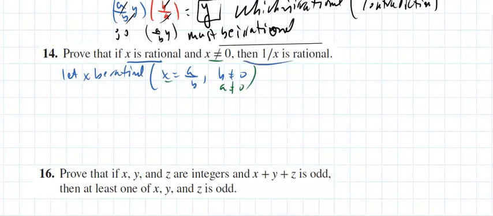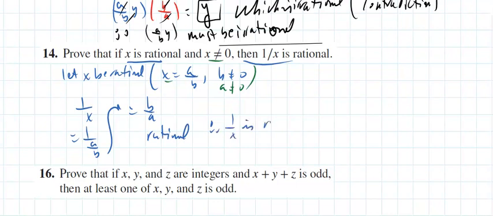Then 1 over x, by definition, wouldn't this be 1 over a over b? Wouldn't that be b over a? Well, isn't that rational? Therefore, 1 over x is rational. Remember, a cannot equal 0 from the beginning, so that is a simple proof.